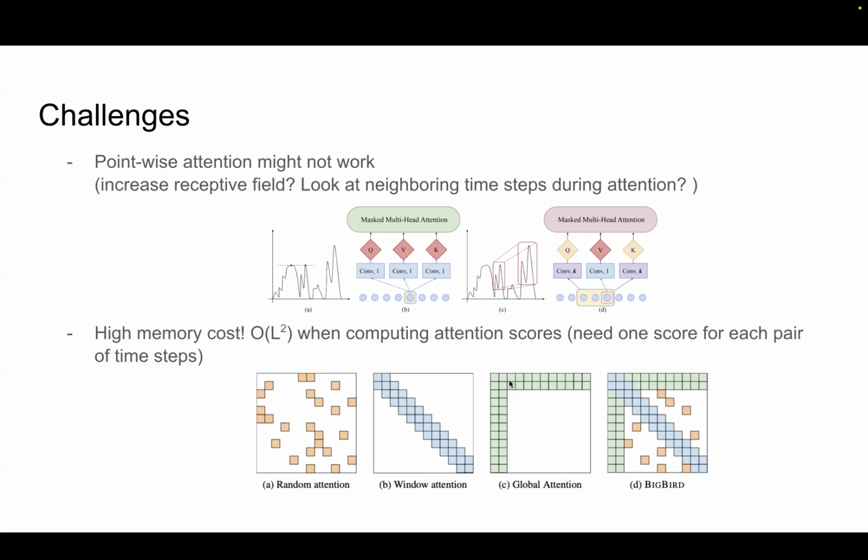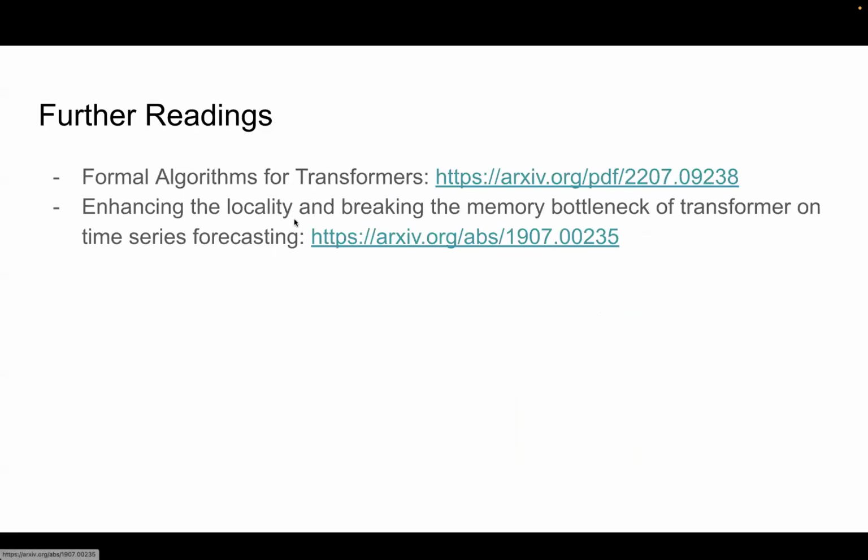So maybe one way to reduce that is to randomly choose a subset of the time steps to focus on in your attention mechanism. In future meetings, we'll talk about some better methods to deal with those two problems. And if you're interested, you can look at the further readings on your own time.